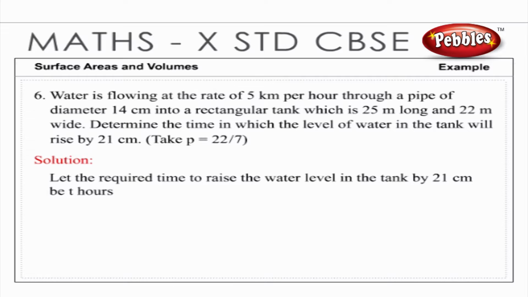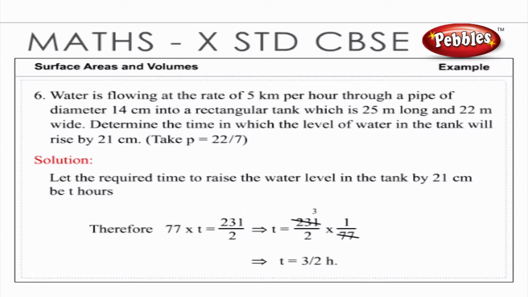Let the required time to raise the water level in the tank by 21 centimeter be T hours. Therefore, 77 into T is equal to 231 by 2, which implies T is equal to 231 by 2 into 1 by 77, which implies T is equal to 3 by 2 hour.